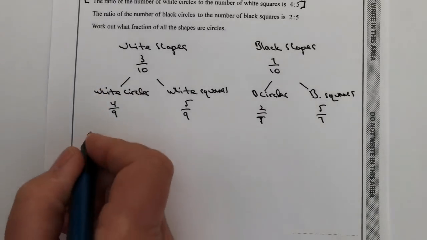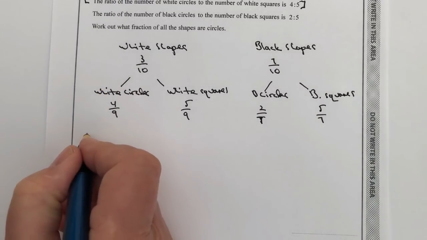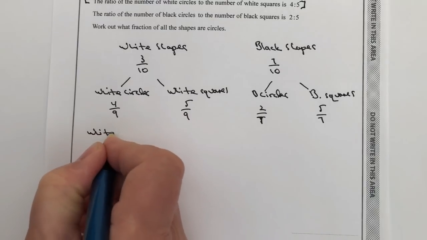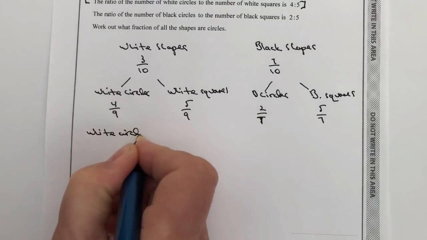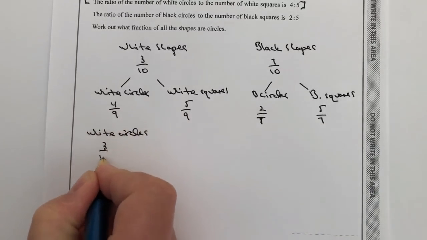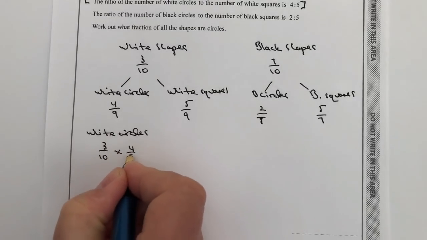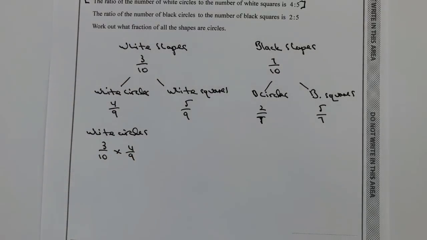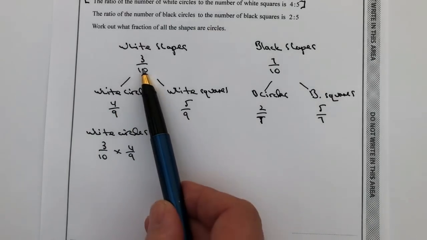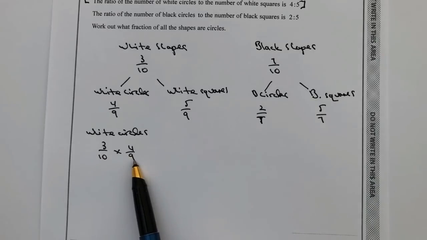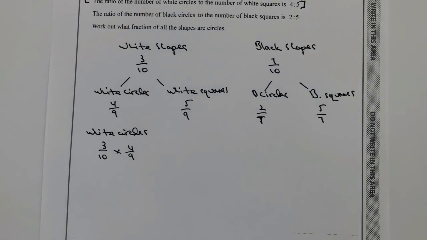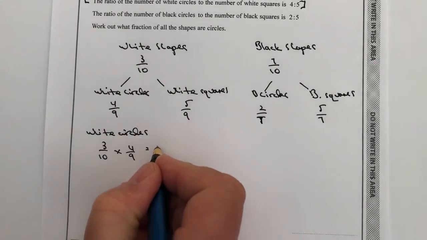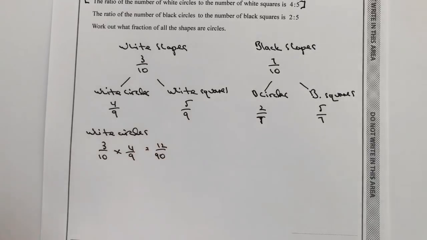So with this particular one, I'm going to have a look at white circles, and that's going to be 3/10 of 4/9. I've probably written that the wrong way around, but hopefully you'll get the idea. That's going to give us 12 out of 90.